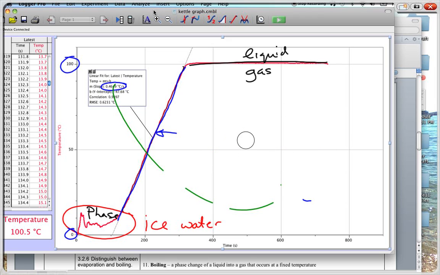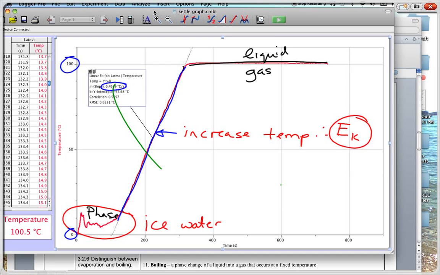So in this section, this slanted line going up here, we are getting an increase in temperature, and therefore the kinetic energy is increasing, because as we know, the average kinetic energy of the particles is indicated by the temperature.